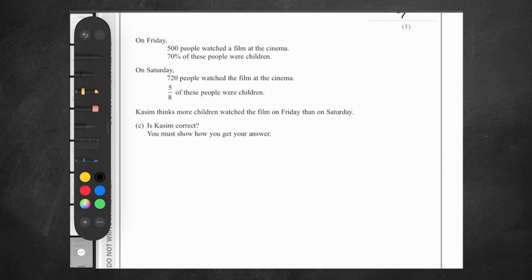So we're saying 500, we'll start up here, Friday. 500 people, 70% were children. So we need 70% of 500, which is just 350.